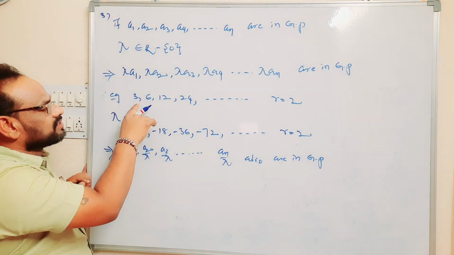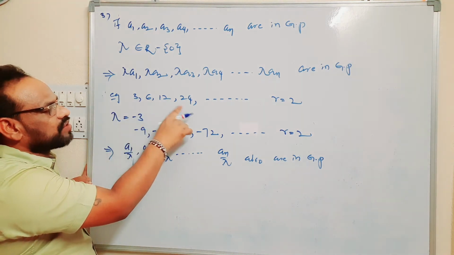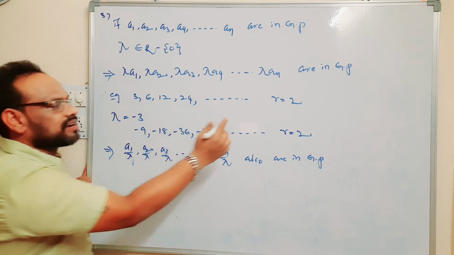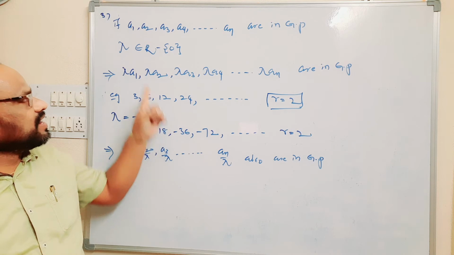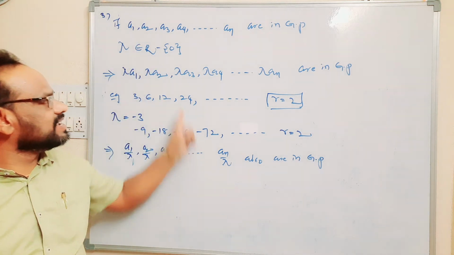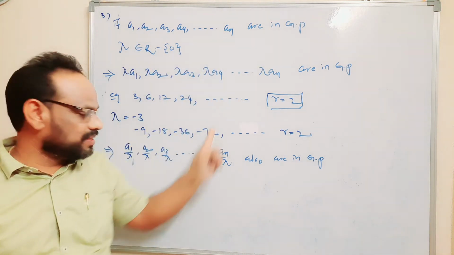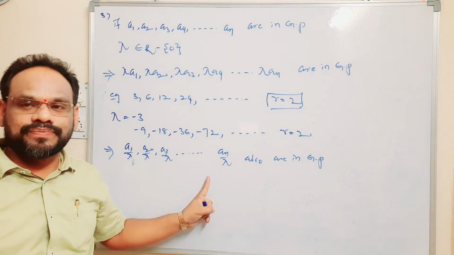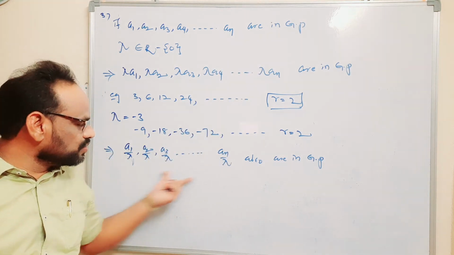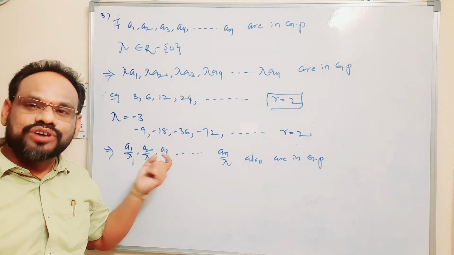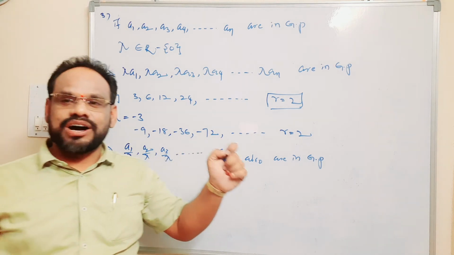Take the same example 3, 6, 12, 24 and so on with common ratio r equal to 2. If we divide each term of a geometric progression by a non-zero constant, we get a new sequence. This is also in geometric progression with the same common ratio.